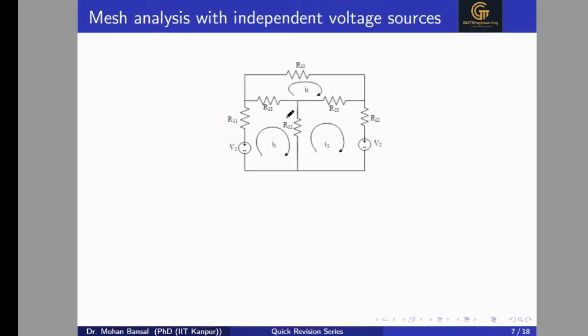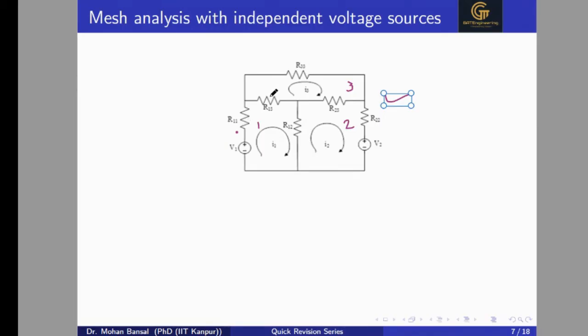Now we can understand these last two points in more detail with this circuit diagram. Here you can see we have three meshes: this is mesh 1, this is mesh 2, and this is mesh 3. In mesh 1 we have a current I1, in mesh 2 a current I2, and in mesh 3 a current I3. The current across R11 is I1 because this resistor belongs to only one mesh.